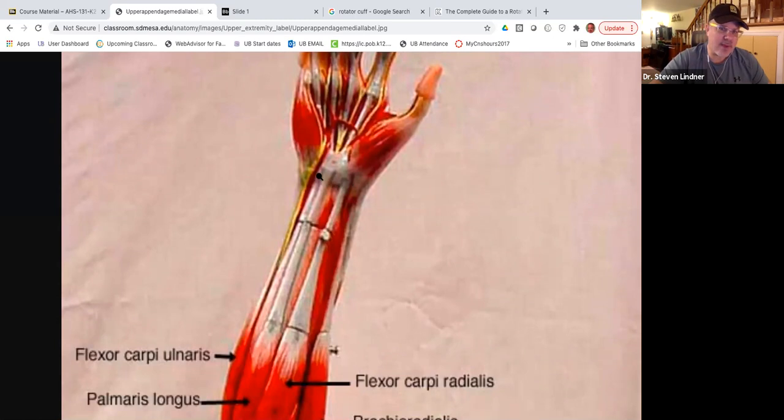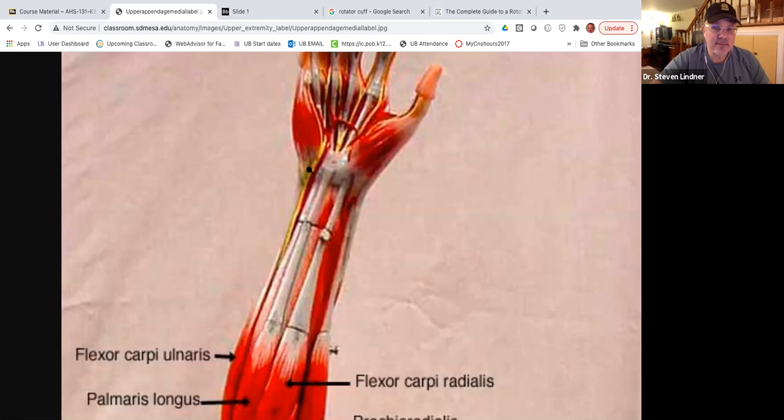So the flexor retinaculum, aka transverse carpal ligament, aka volar ligament, there's three names of it: volar ligament, transverse carpal ligament, flexor retinaculum.